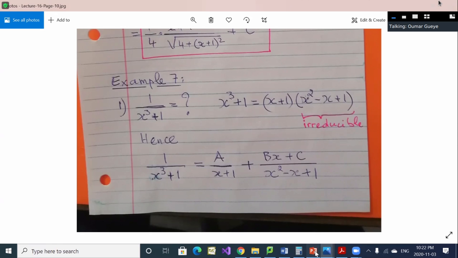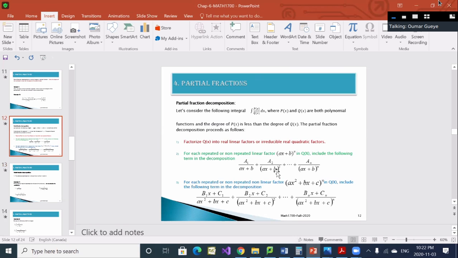So back to our slide here. That's what I explained here. If you have a linear factor, you have this kind of term from each linear factor. In our example, we only have one linear factor and it's not repeated, so you only get one term. I just call it A instead of A1, but it doesn't matter, it's just a name. And from the quadratic factor, in my example, we only have one quadratic factor, n equal to 1, so we got only one term. I use bx plus c instead of b1 c1, but this is not a problem.